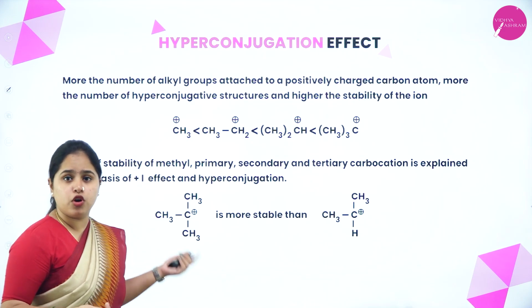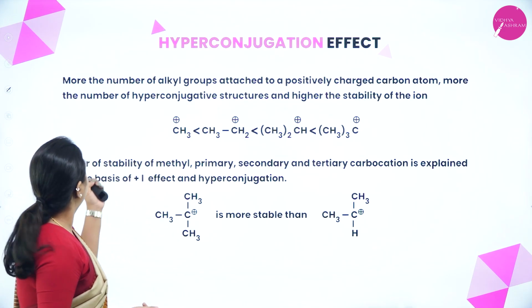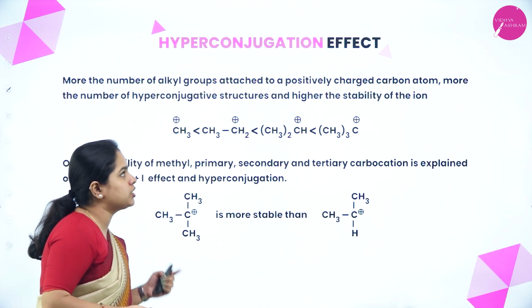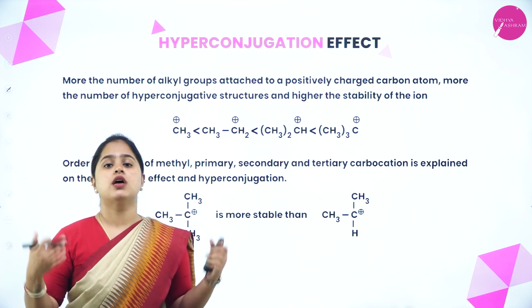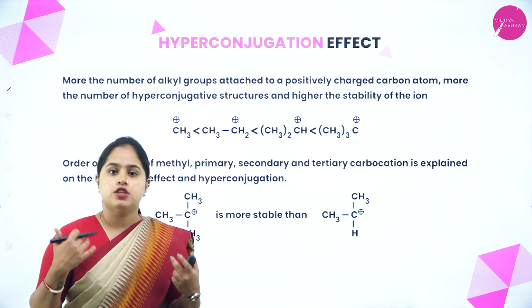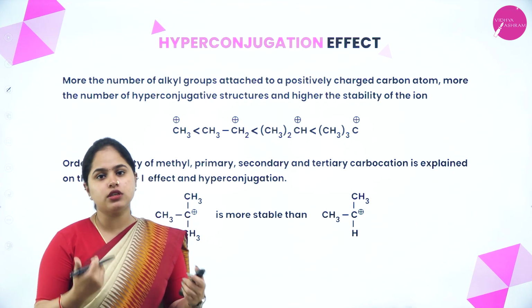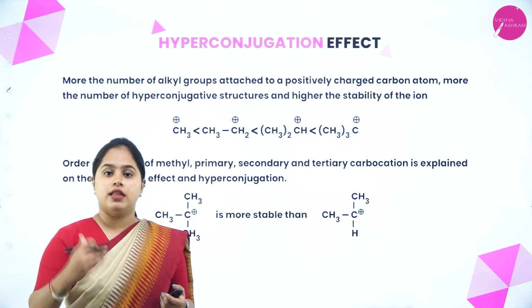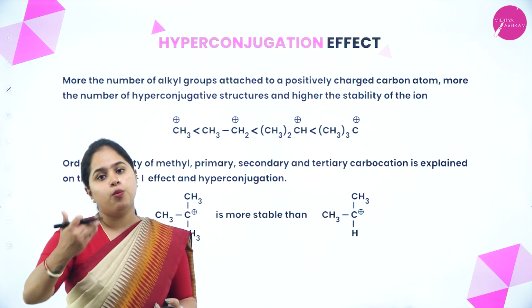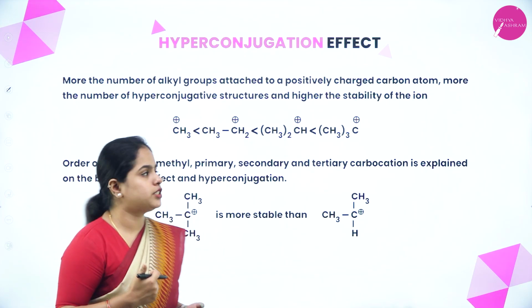Now more the number of alkyl groups attached to a positively charged carbon atom, more the number of hyperconjugative structures and higher the stability of ions. So more alkyl groups means more electrons will be there, right? So more electrons can be given to the electron deficient carbon atom. Carbocation means they are electron deficient, right? So the more number of alkyl groups, more will be the hyperconjugative structures and more will be the stability of the ion.